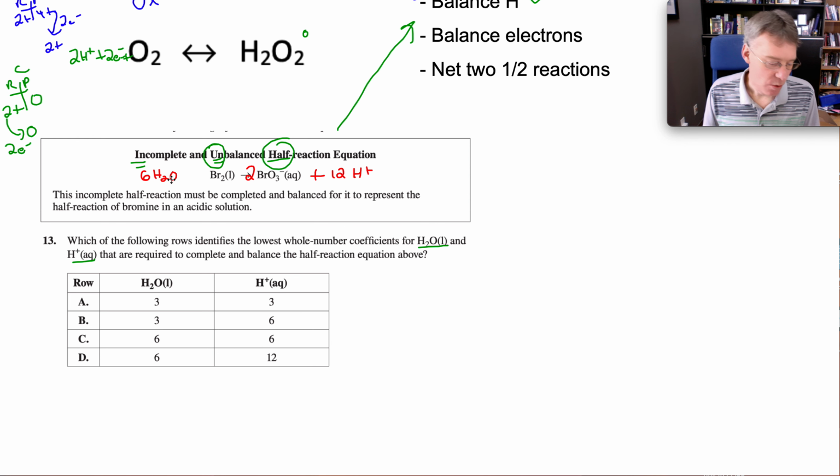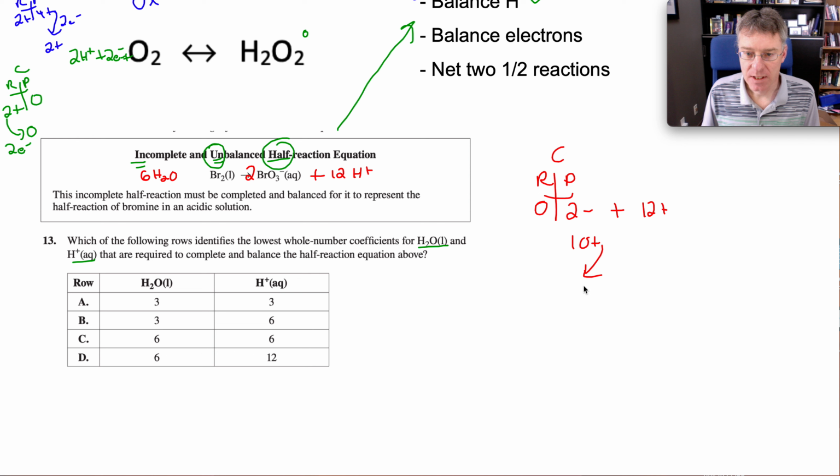But let's see, we've got neutral and we've got neutral. So we've got no charge on the reactant side. Product, we've got 2 minuses and then plus 12. So let's get that out. We've got 2 minus. We're going to have to add to that the 12 plus. So that is a total of 10 plus.